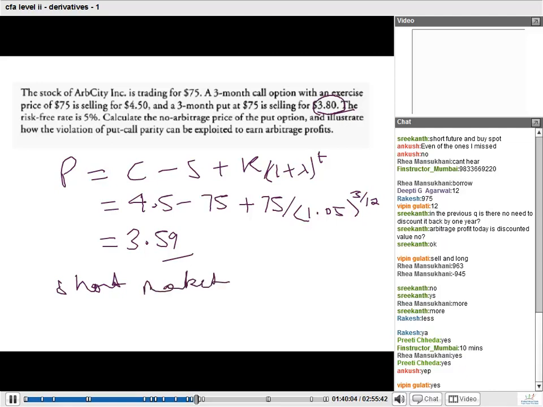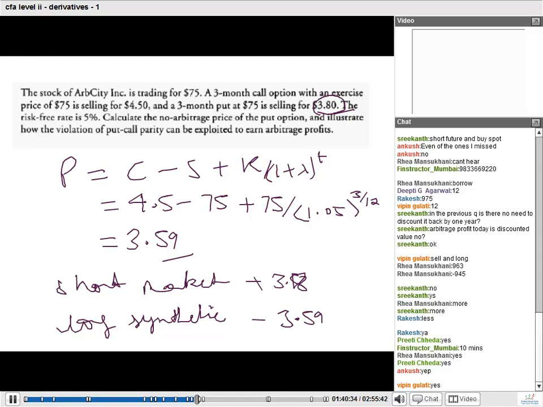So you'll short in the market and you will receive $3.8 as premium. You will long in the synthetic market and you'll have to pay only 3.59. So you'll make an arbitrage profit per put option of $0.21.